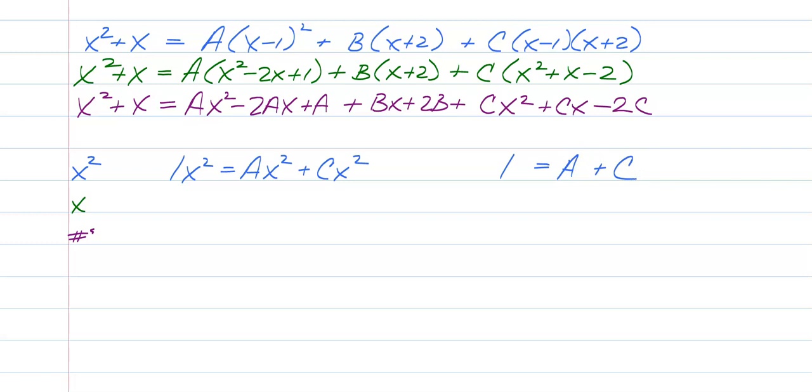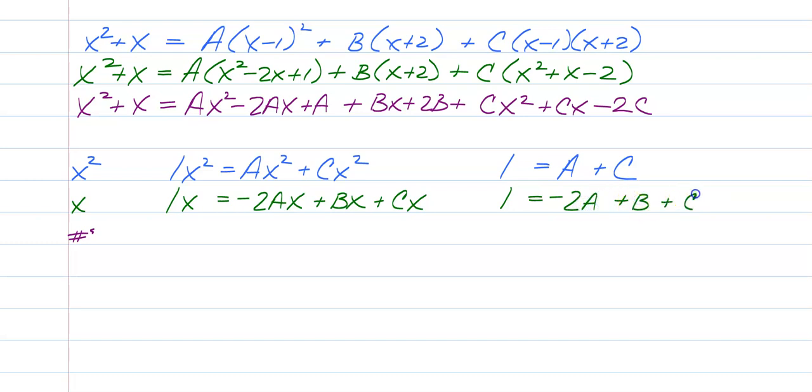For our x's, if we go through and look for just our x's, we have 1x is equal to negative 2ax, and then we have a bx, and then we have a cx. If we write that without any of our x's, that's going to give us 1 is equal to negative 2a plus b plus c. And last, we have our constants.